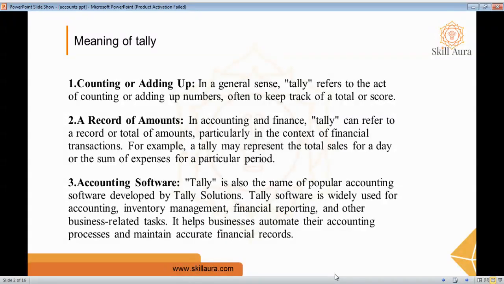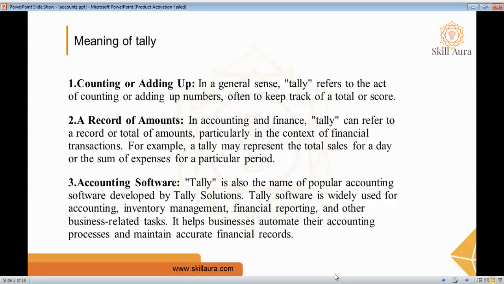So you have to record these transactions in Tally as follows, like debit purchase account 50,000, credit suppliers account 50,000. And here you have to understand each transaction, like purchase goods worth 50,000 from the suppliers.